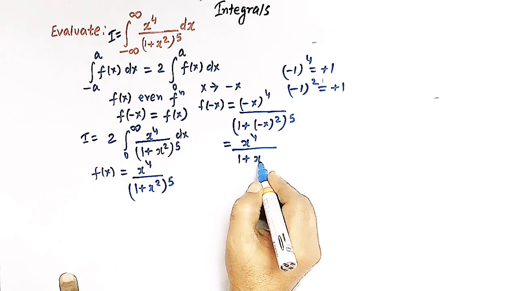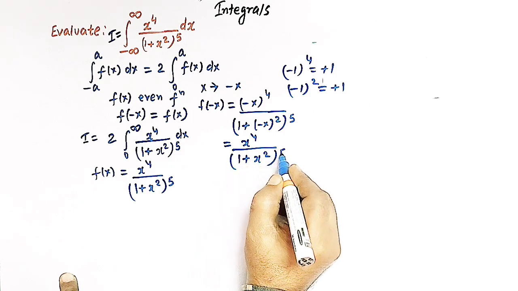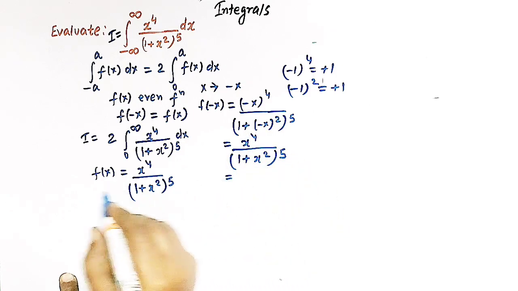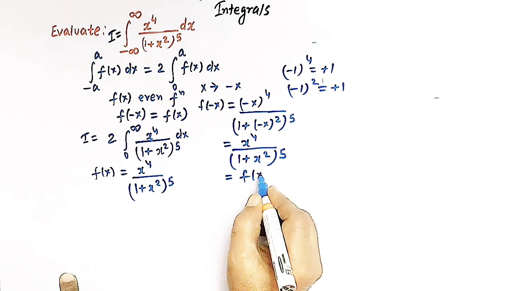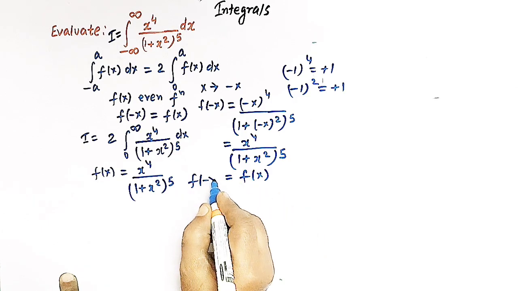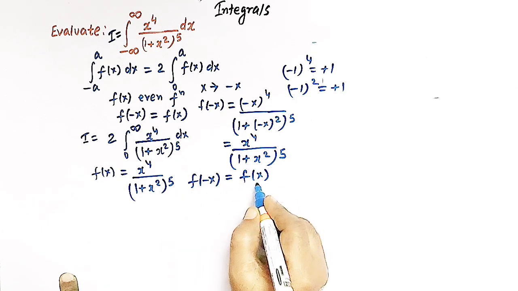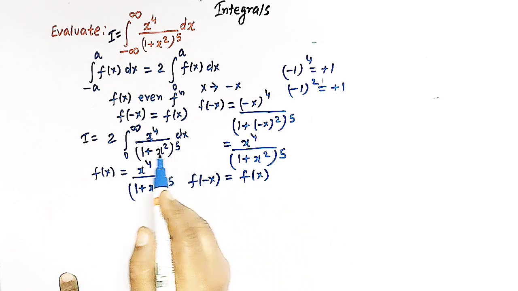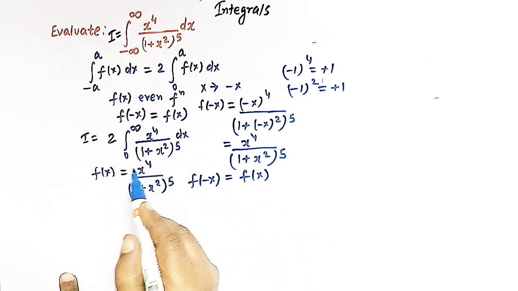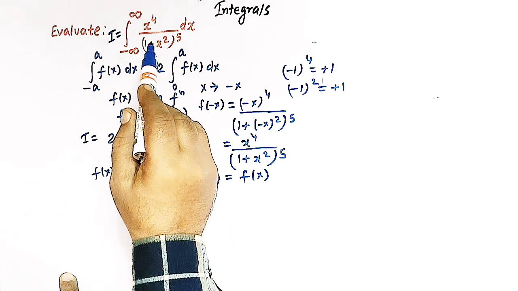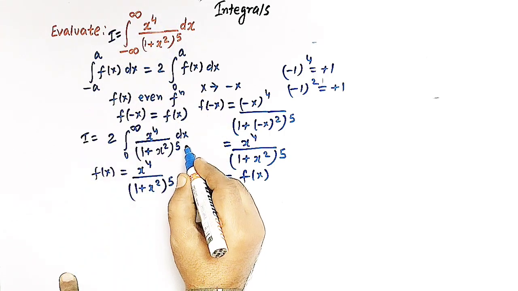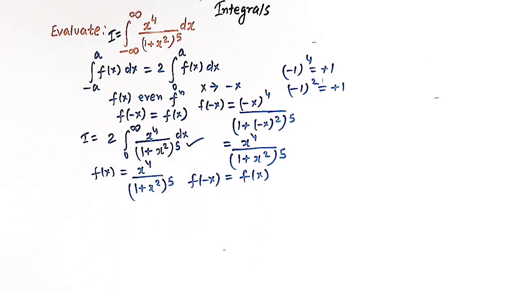So we have x raised to 4 over (1 plus x square) raised to 5, which is our f of x. So f of minus x is equal to f of x, which shows the integrand is an even function. The first step is to write this integral in this form.